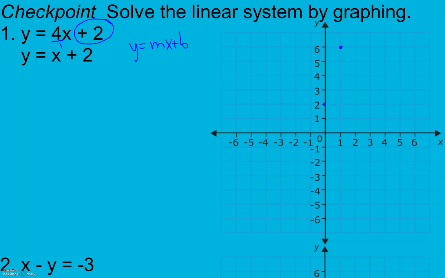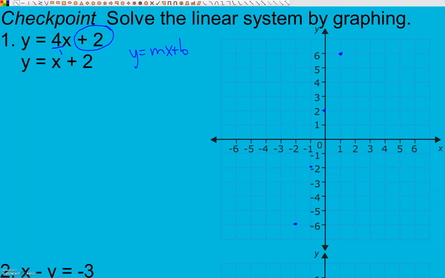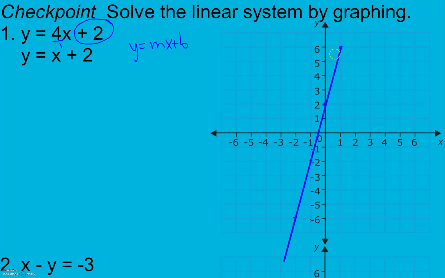Or I can do both of those things backwards. I can go down 4, left 1, as long as I do them both backwards. We can connect those dots with a straight edge. And arrows to show that the line continues.